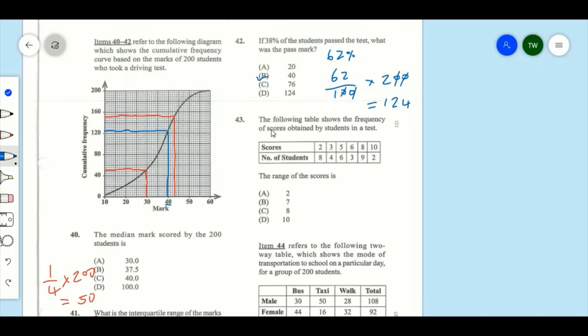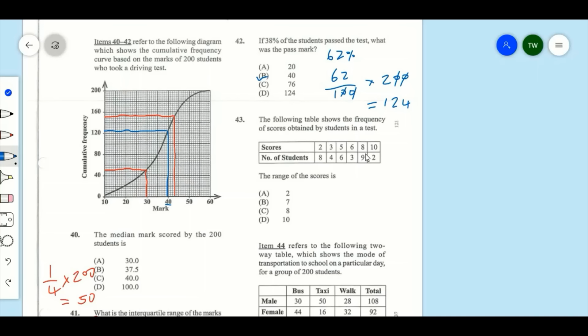Item 43. The following table shows the frequency of scores obtained by students in a test. So here in the first row, we can see the scores. In the second row, that is the frequency. Then the question asks, the range of the scores. What range means is that the range is the highest value minus the lowest value.